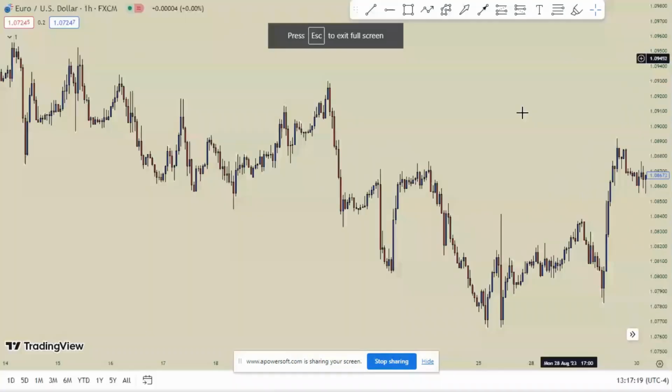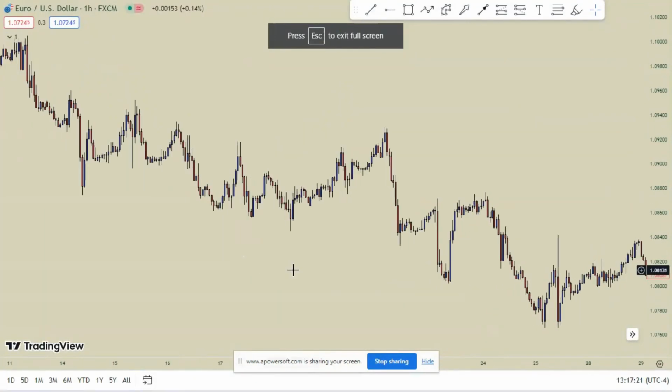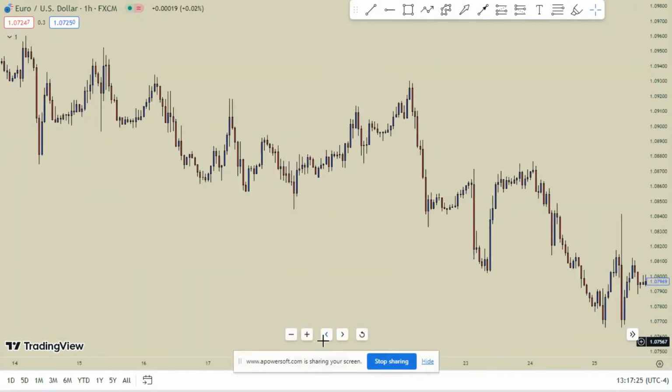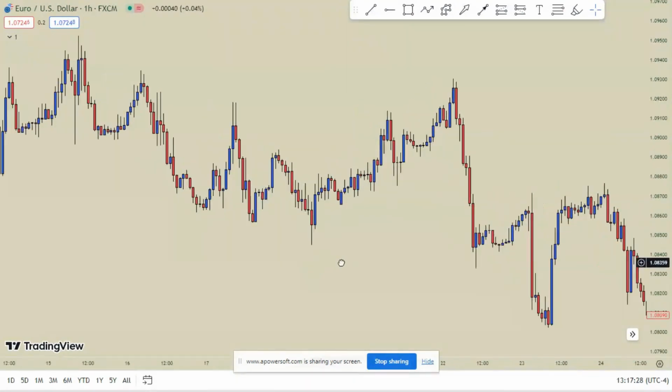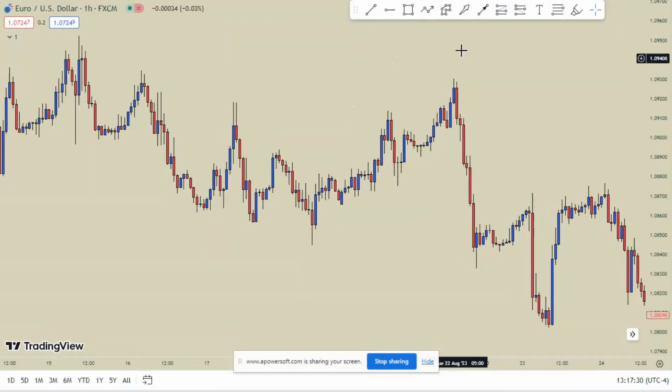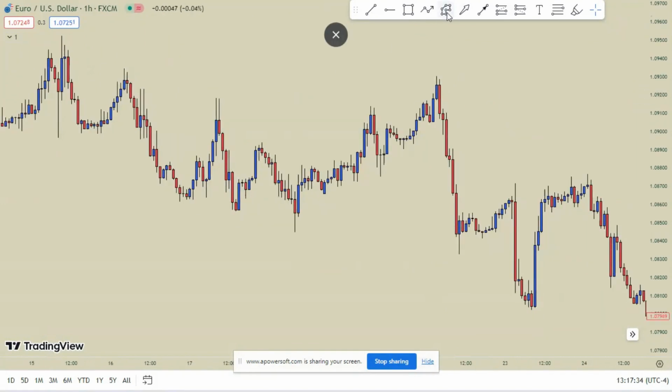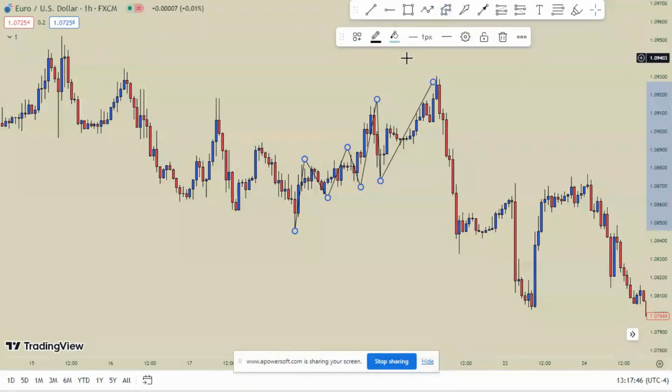So now, this is what I was trying to explain. Let me zoom out just a little bit here. If we look at this point, let's get this example. We can see the market started here and then it was moving up like that, making those kinds of moves, which means it's creating highs and higher highs.